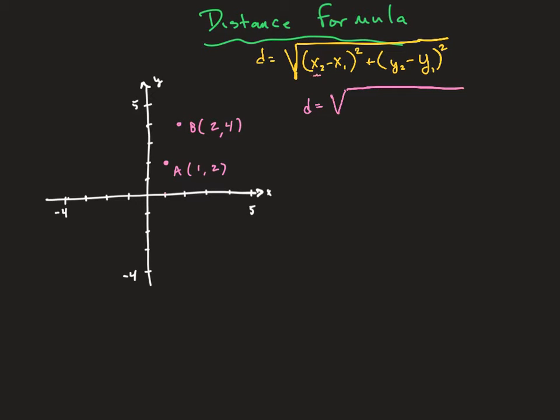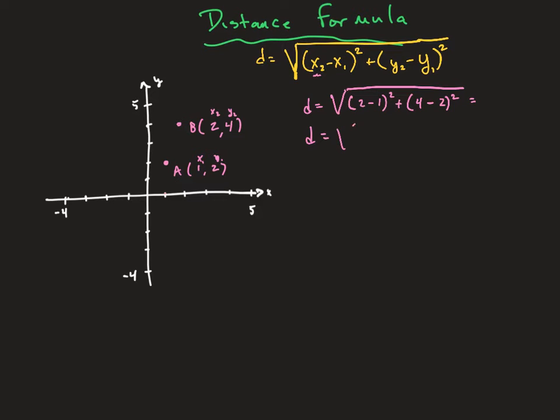So we're looking for x2, and I'll say this is x2, y2, and this will be x1, y1. It will work out no matter how you do it, whichever point you choose as 1 and 2. So x2 is 2 minus 1, which is x1, squared, plus y2, which is 4, minus y1, which is 2, squared.